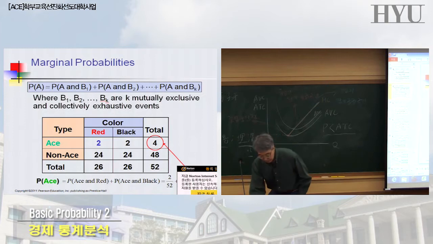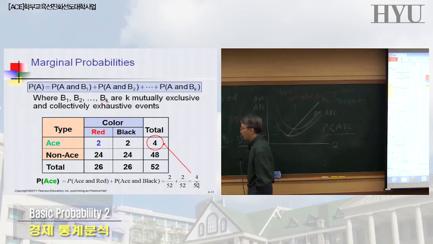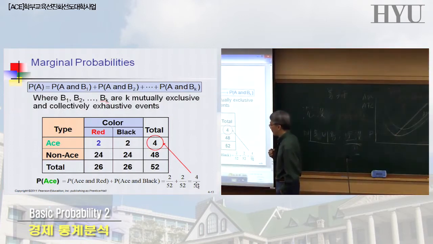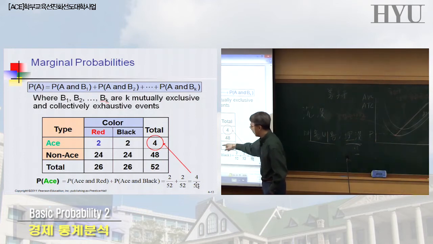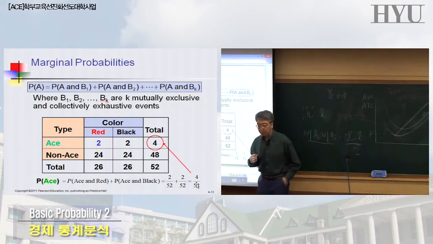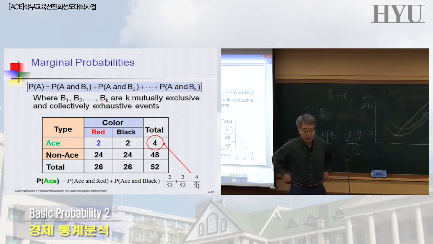At the end of last class, I think I told you about the marginal probabilities. Right now, what you see on the margins here, we can calculate the marginal probability based on those numbers. For example, marginal probability is a probability of a simple event.